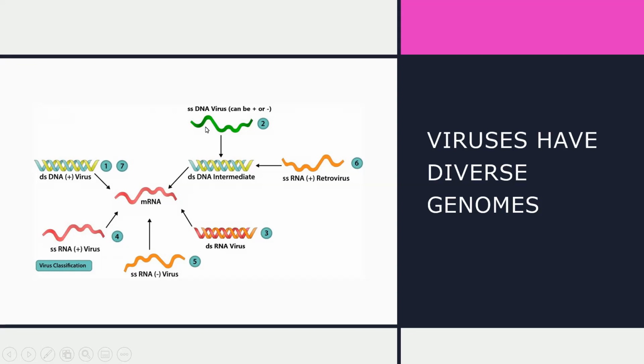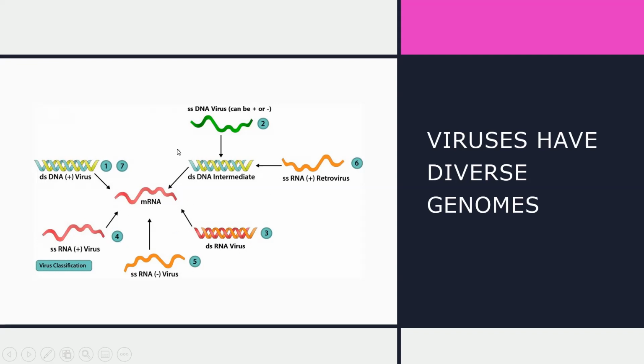So all living organisms, bacteria up to all eukaryotes, all prokaryotes have a double-stranded DNA genome. But viruses can have single-stranded DNA, right? Viruses can also have single-stranded RNA, and then viruses can have double-stranded RNA.